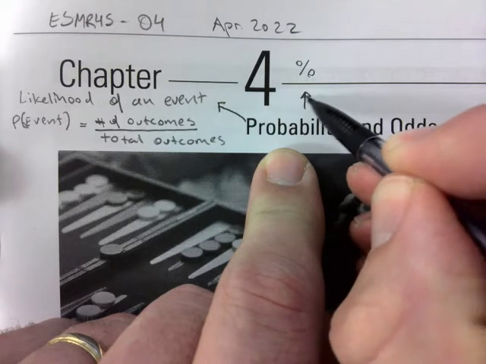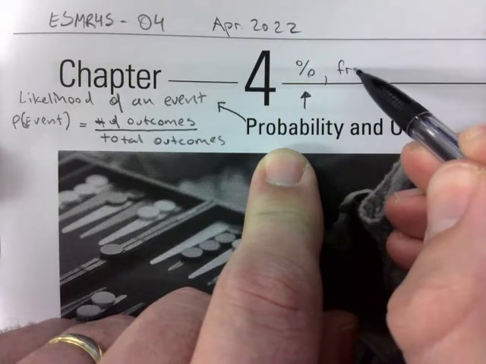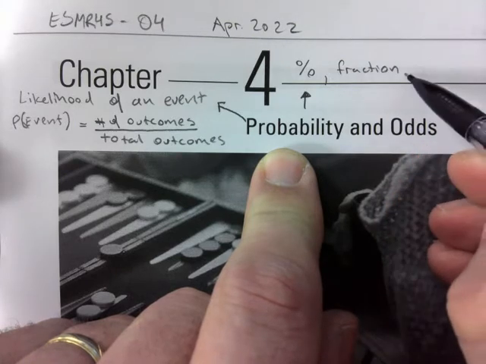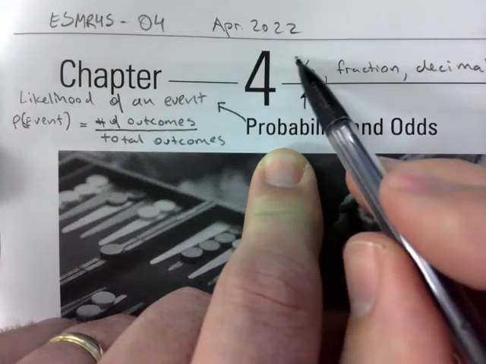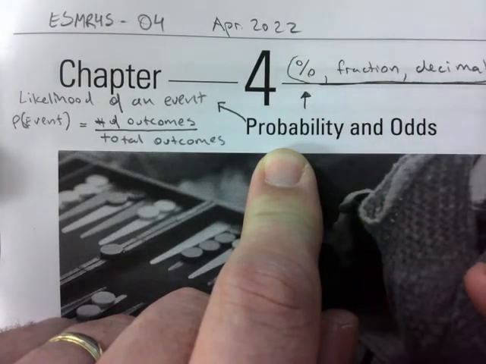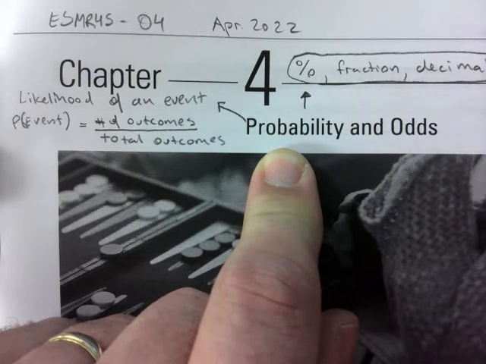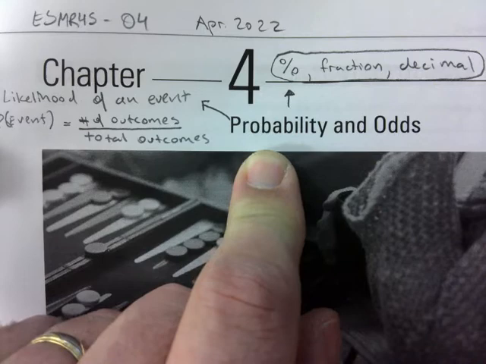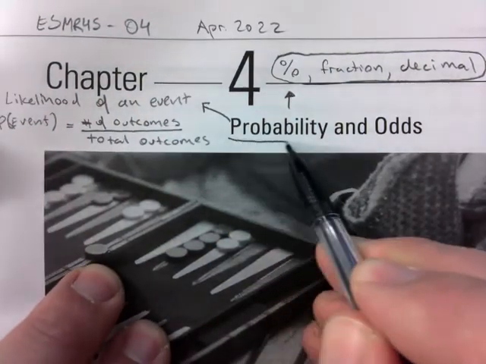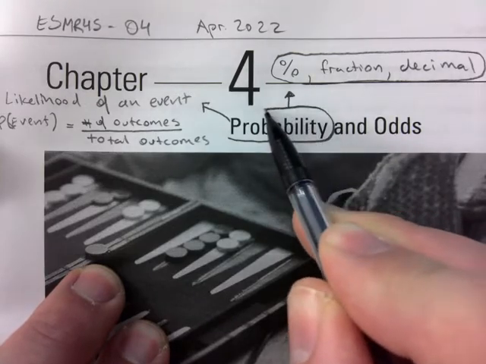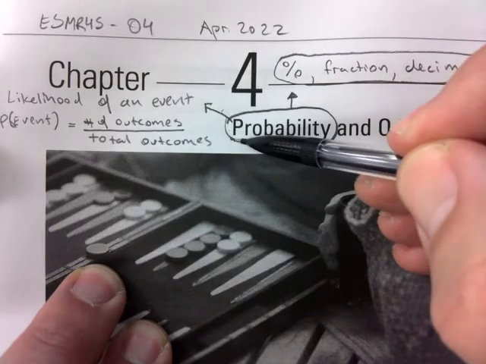So we're going to go arrow up from probability: percentage, fraction, and decimal. Okay. So probability can be stated as a fraction, percentage, or decimal. So I'm going to circle probability here and make sure that those two arrows coming off of it pertain to probability.